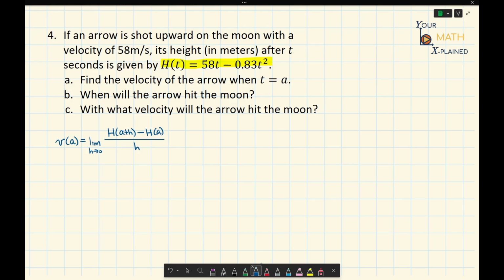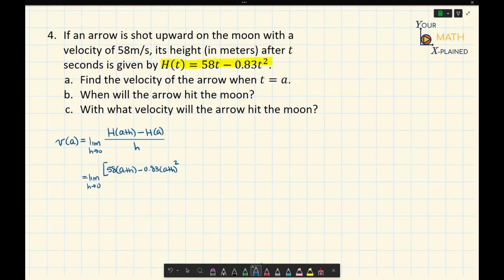Now let's substitute our function in. This is equal to the limit as lowercase h goes to 0 of, now capital H of a plus lowercase h, that is going to be 58 times a plus h minus 0.83 times a plus h squared.